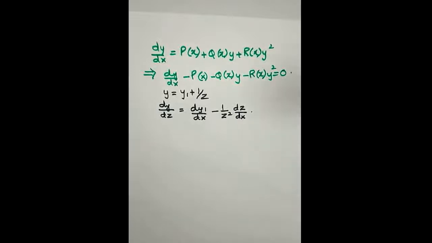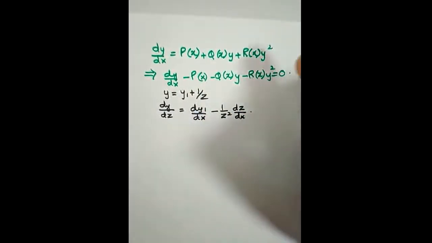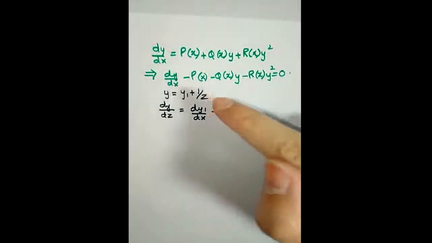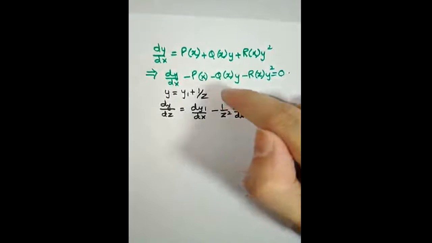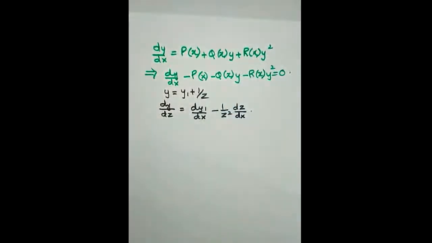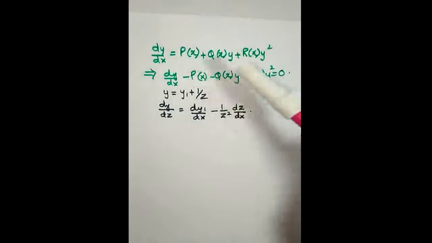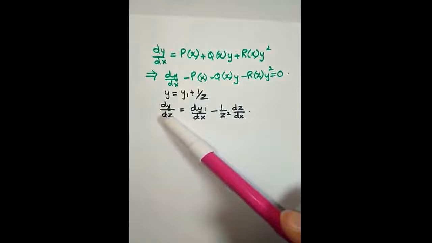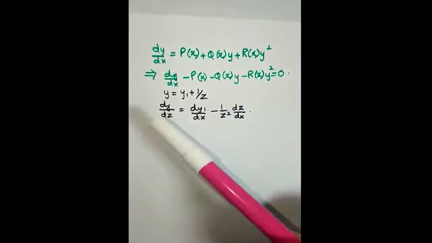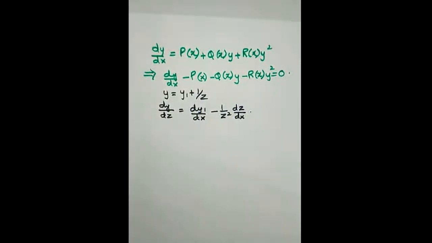Okay, in the next page I will do the further derivation. First of all, I have written this Riccati's equation. This is the standard form, and I can also write it like this. This is also a Riccati's equation, where all the terms on the right hand side are shifted to the left hand side. In the previous lecture our assumption was y equals y1 plus 1 by z. So y1 is a particular solution. The particular solution means that it satisfies the standard form of the equation, and 1 by z is any non-zero function of x. When I have taken the first derivative, it's dy by dx, not dz.